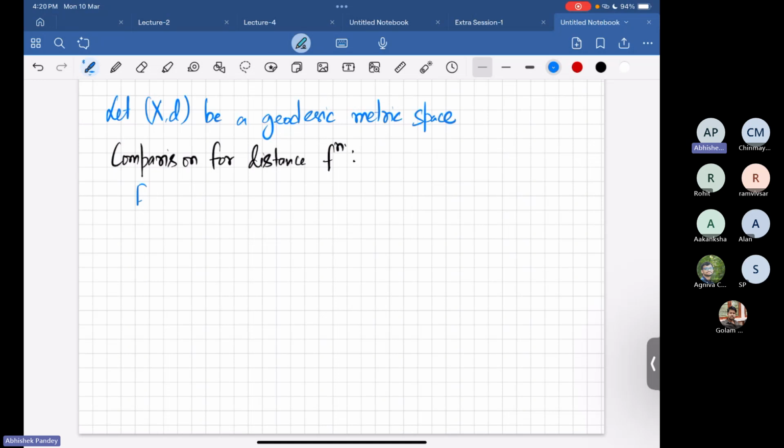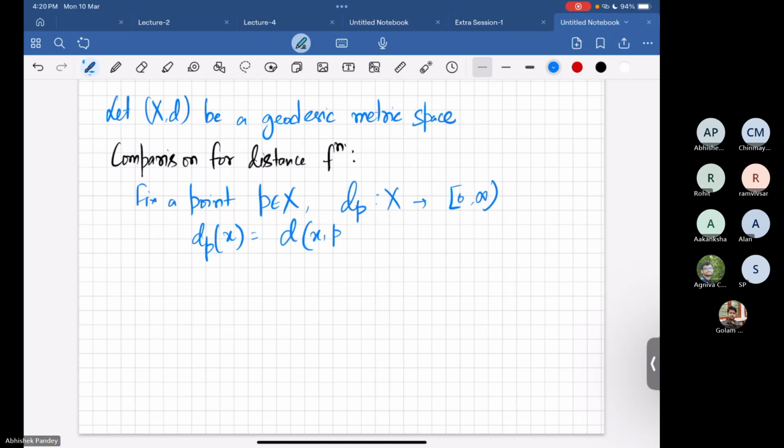So fix a point p belonging to X and define the function d_p. d_p is defined from X to [0, infinity), and d_p of x is nothing but the distance of x from p.